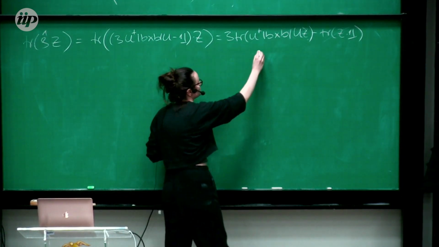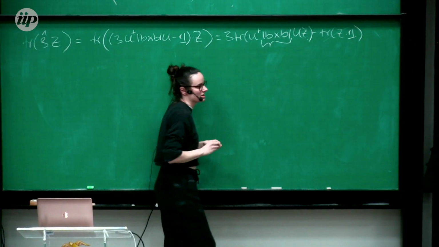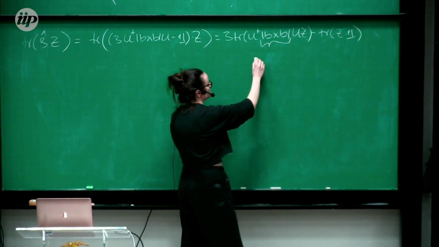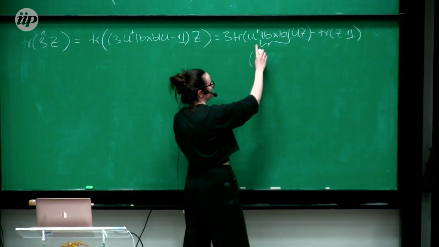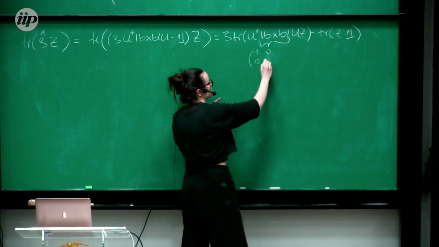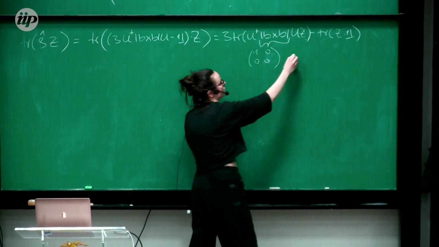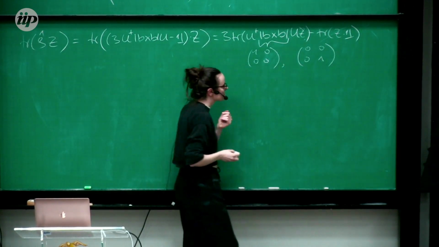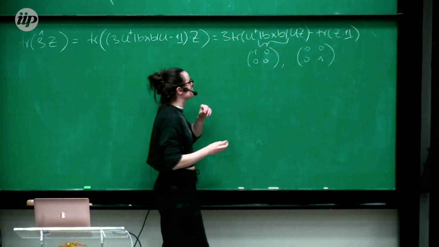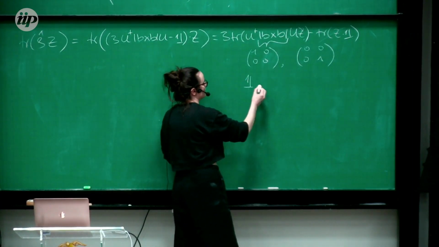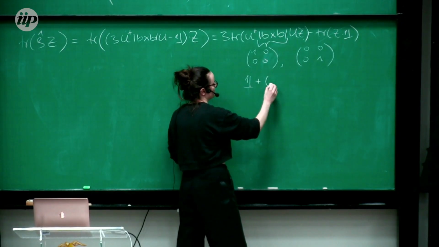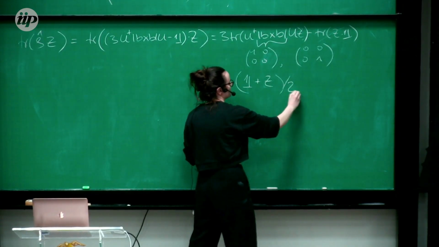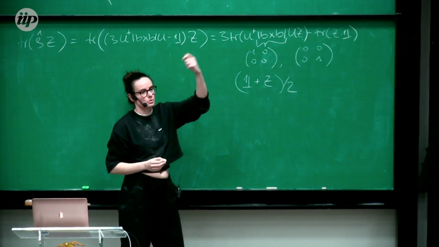But what I always like to do is to rewrite these outer products of bits, and I can do that by looking at it a bit carefully. If the bit is 0, then this matrix is this, and if my bit is 1, then this matrix is this. The upper part looks like I can just do identity plus Z divided by 2, right? Identity is 1, 1, Z is 1, minus 1.